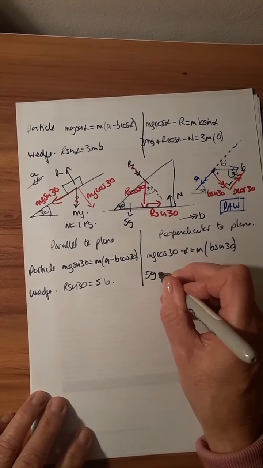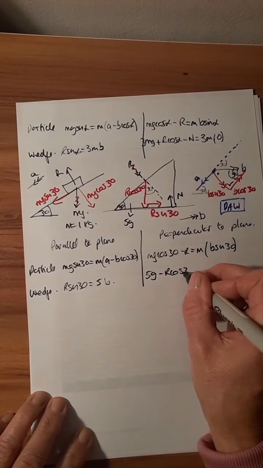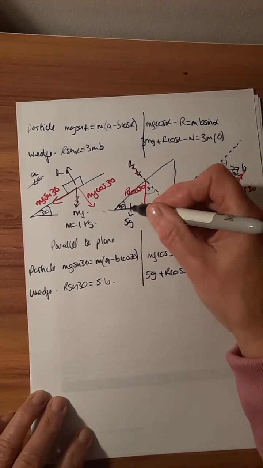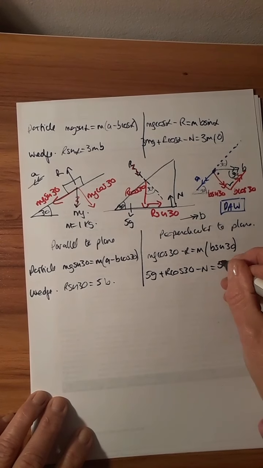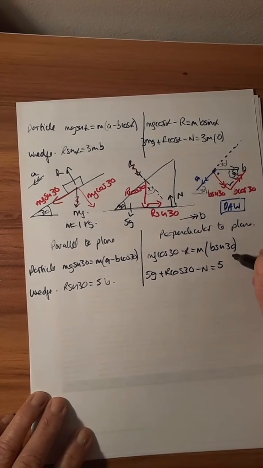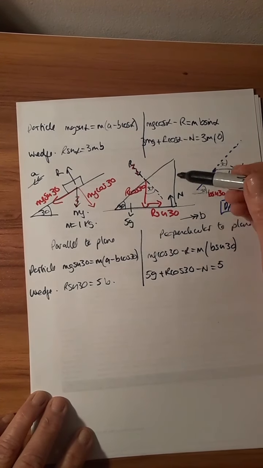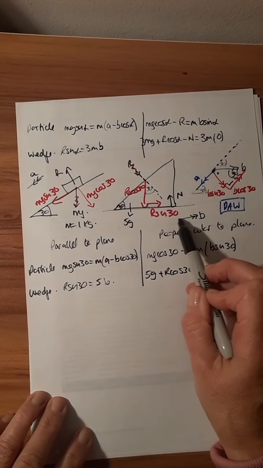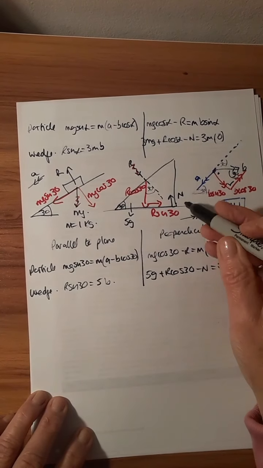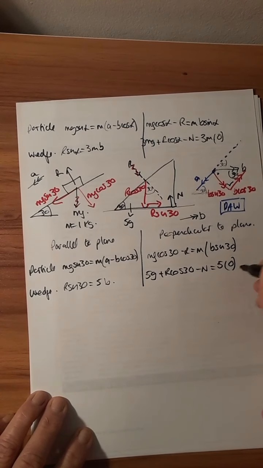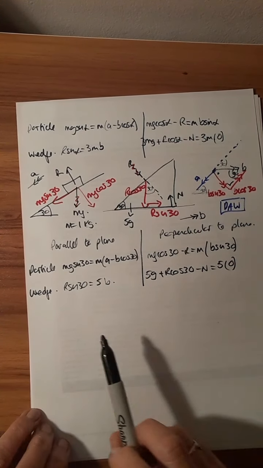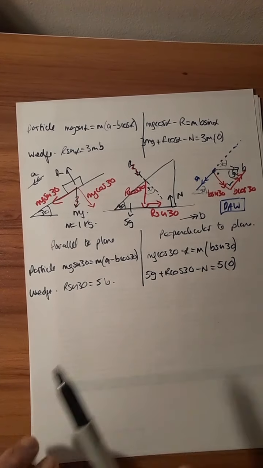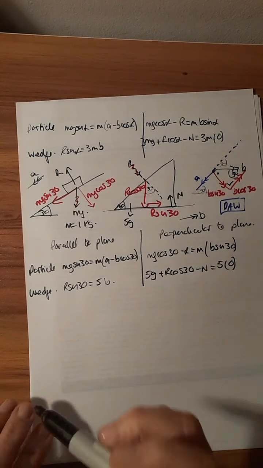So that's 5g plus r cos 30, because they're both acting down, minus n is equal to 5 times the acceleration. Now the acceleration perpendicular to the table, remember there's only b acting in the i direction. There is no j component, so that's 0. The wedge is not moving up and down from the table. So I'm going to use these 4 equations to find the acceleration of the wedge.